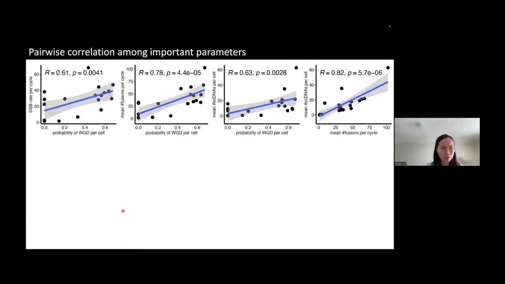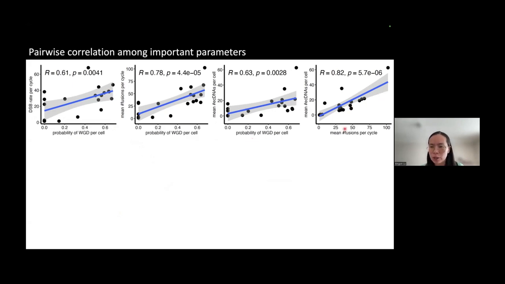We also found the pairwise correlations among the important parameters. Here you can see the DSB rate per cycle, the mean number of chromosome fusions per cycle, and the mean number of ecDNAs per cell all significantly increase with the probability of whole genome doubling per cell.